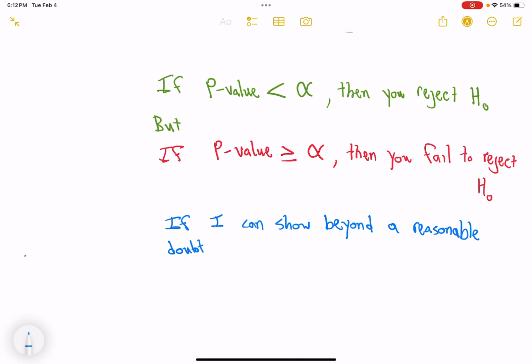Well, in U.S. judicial systems, as we talked about in class, that's a very vague concept. But in statistics, there is truth to that: less often than the probability set by the alpha.